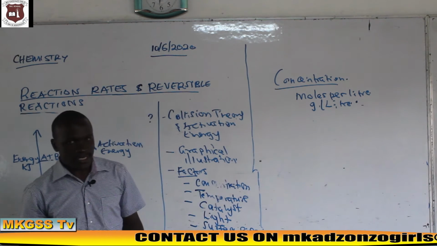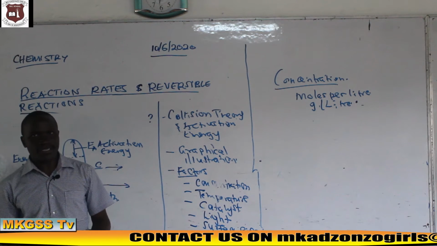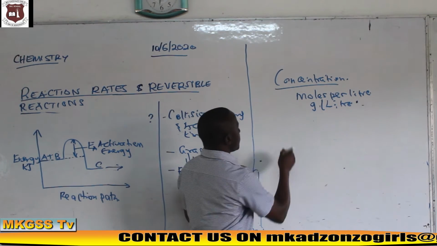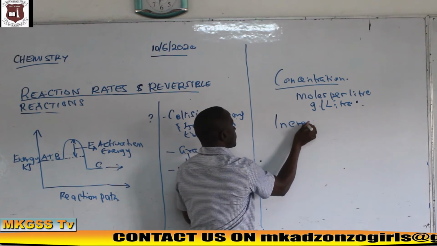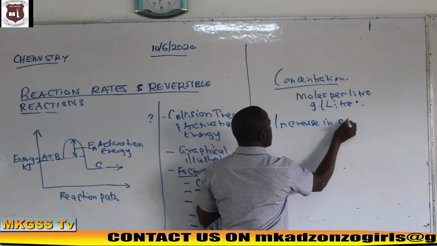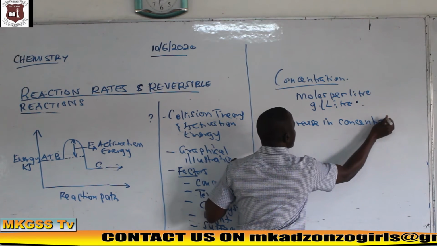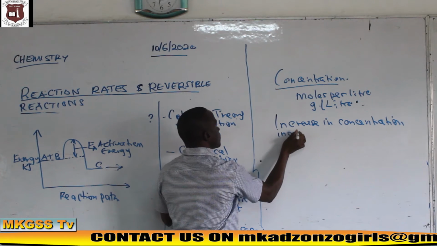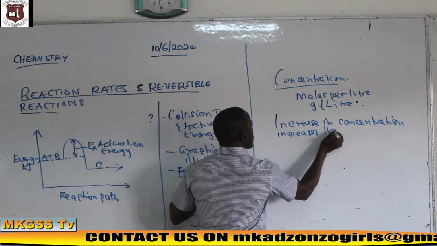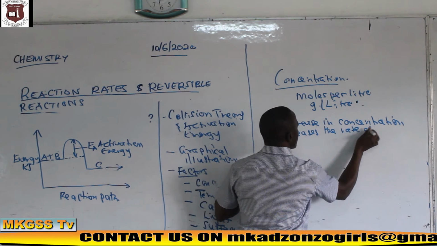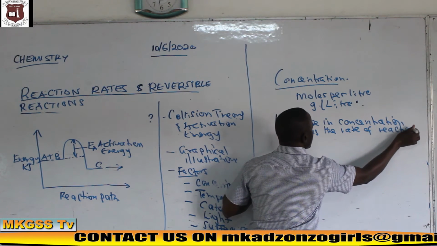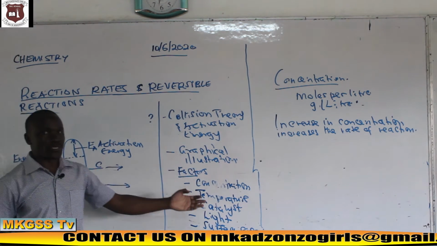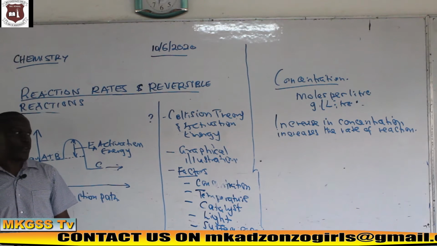Now, the question is this: how does concentration affect the rate of reaction? We say that increase in concentration increases the rate of reaction, while decrease in concentration decreases the rate of a reaction.